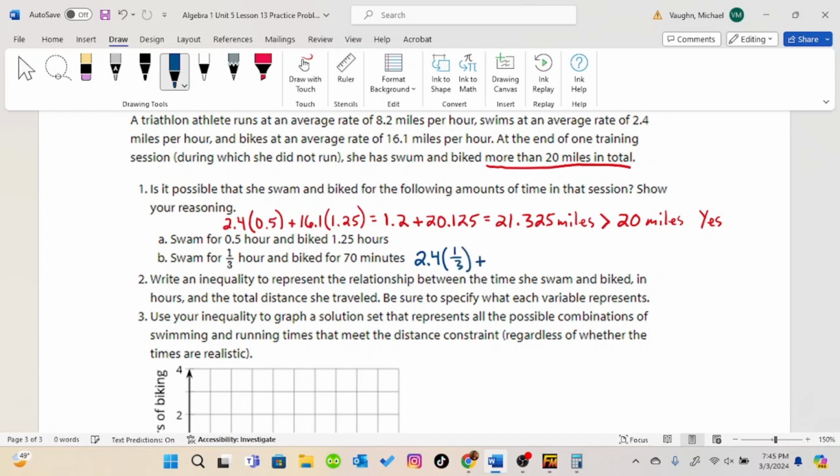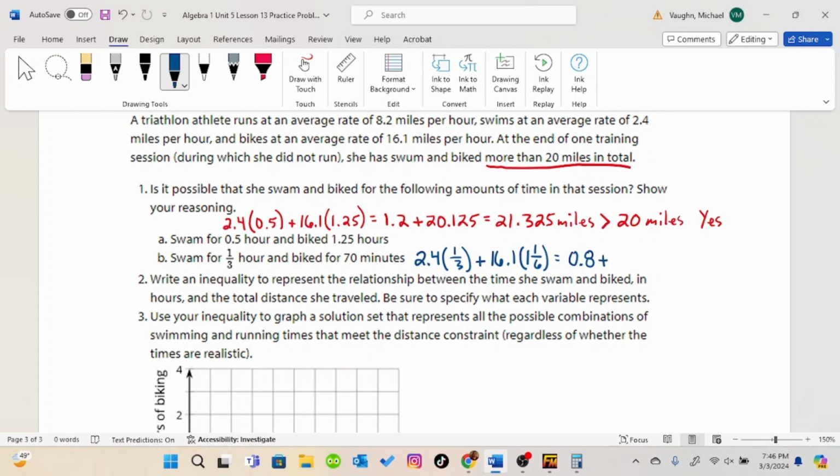And we're going to add that to the biking, which is a rate of 16.1 miles per hour for 70 minutes, which would be 1 1/6 of an hour. So 2.4 times 1/3 would be 0.8 miles.